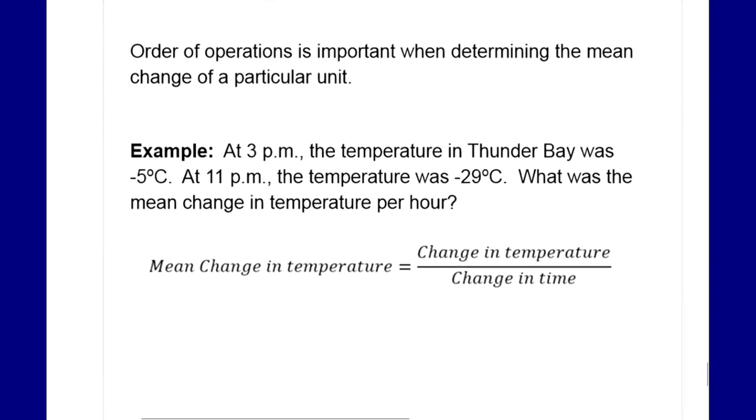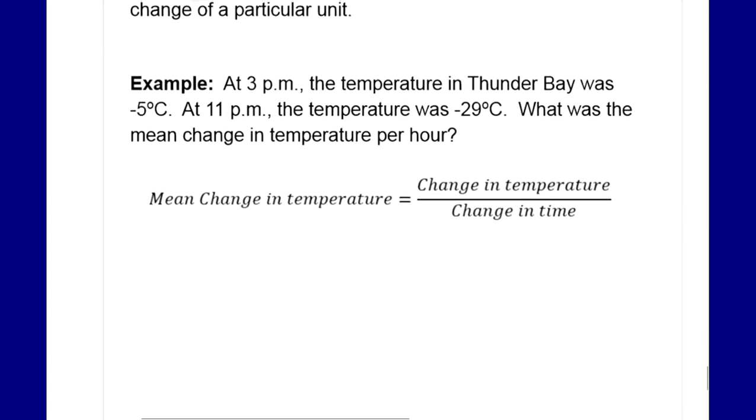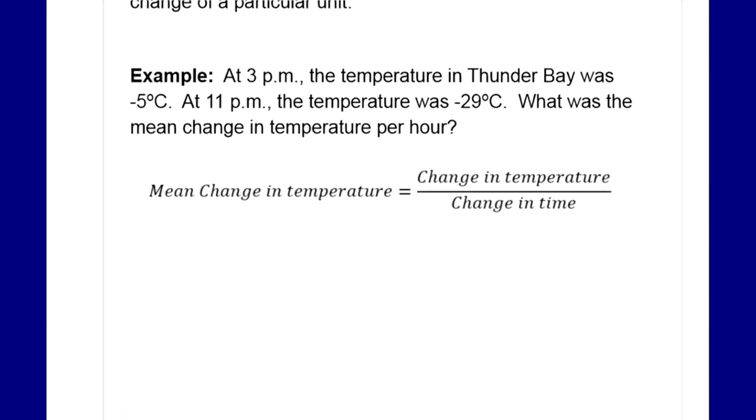So the example we're going to look at: at 3 p.m., the temperature in Thunder Bay was minus 5 degrees Celsius. At 11 p.m., the temperature was negative 29 degrees Celsius. What was the mean change in temperature per hour? Right, so if I want to find the average temperature change per hour, I need to look at what was the change in temperature and divide it by what was the change in time, right?